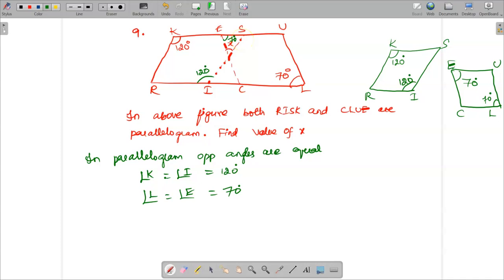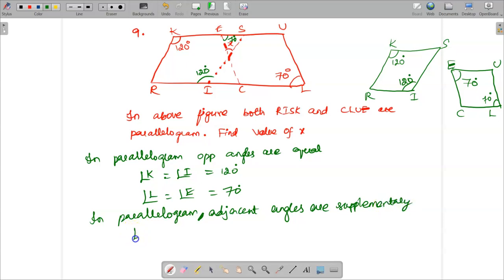Okay, so again coming to this parallelogram, I know that adjacent angles are supplementary. Okay, in a parallelogram again adjacent angles are supplementary, that is the addition of adjacent angles is 180 degrees.